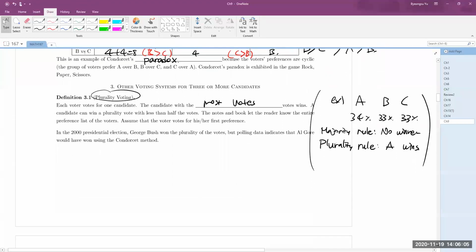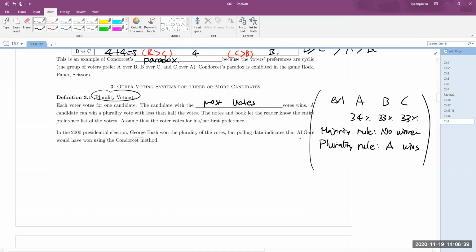So sometimes this is used to criticize the presidential elections of the United States, because in the 2000 presidential election or the recent 2016 presidential election, George Bush won with the plurality votes, but polling data indicates that Al Gore would have won using the Condorcet method.